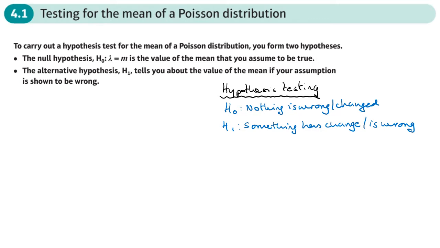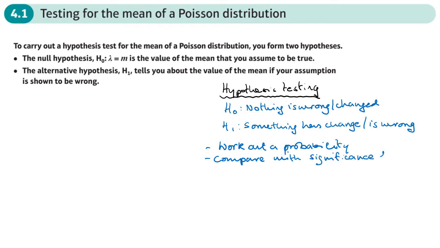So how do we decide whether that is? Well, these questions always involve working out some sort of probability. So you work out a probability and you compare the probability to the significance level.